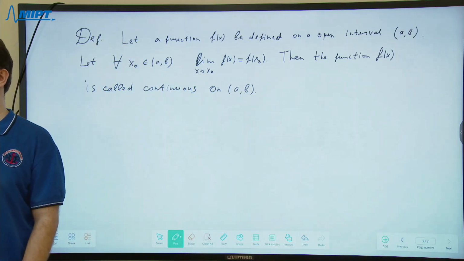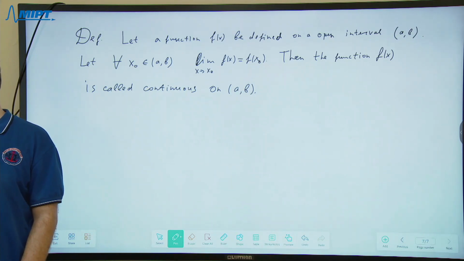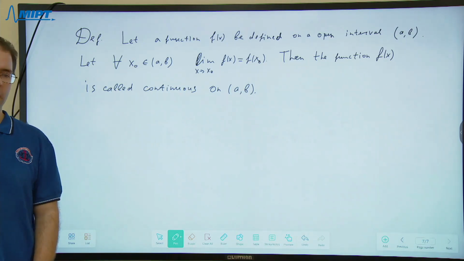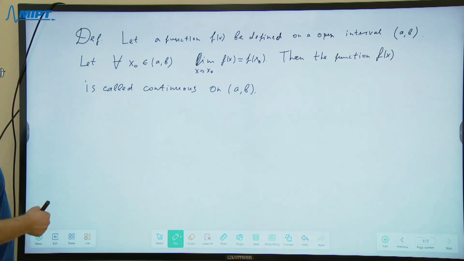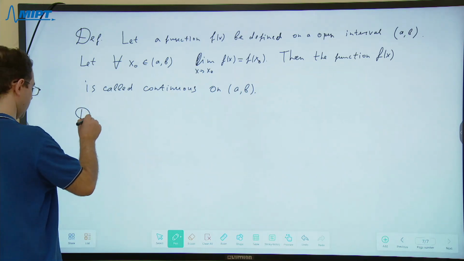So, if we have an open interval and my function is continuous at every point of this interval, then the function is continuous on this interval. This is the definition. Okay, definition.